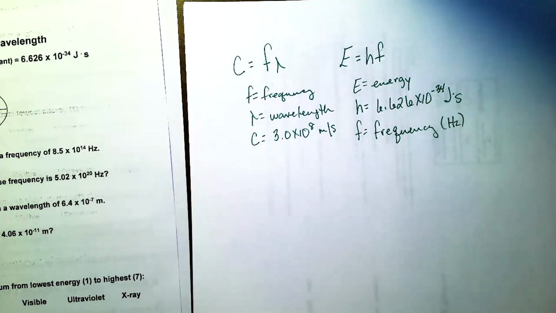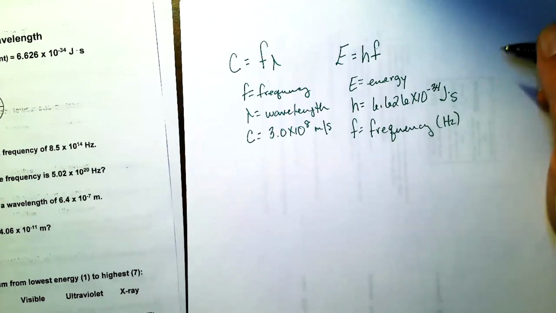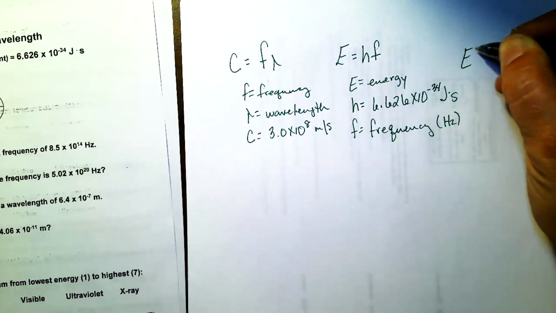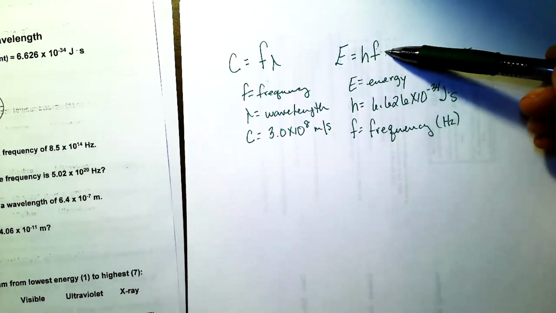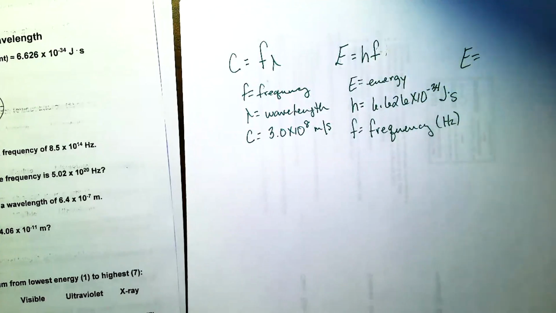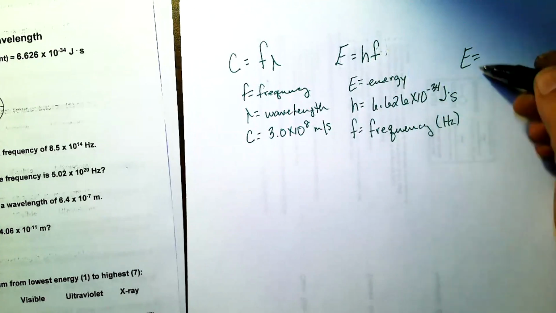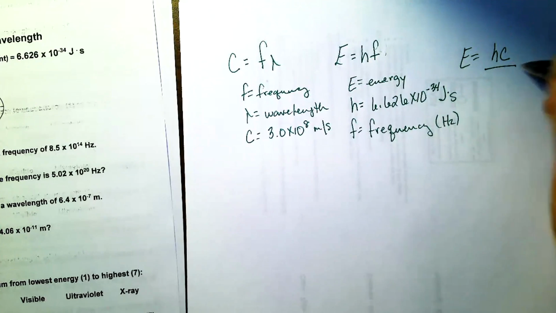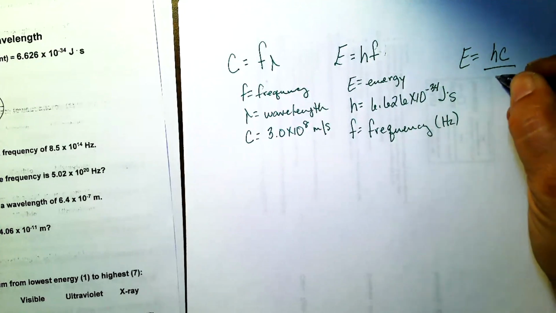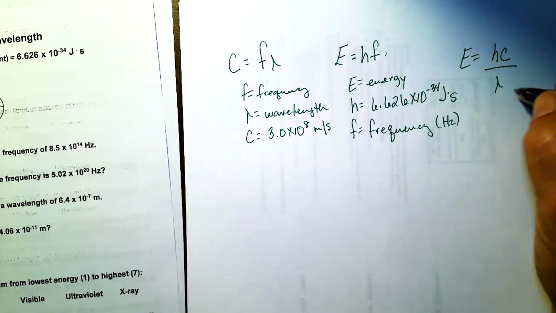All right. The last formula: for this energy problem, we have to have frequency, but sometimes you might be given wavelength instead. In that situation, the formula is energy equals Planck's constant times the speed of light divided by wavelength.